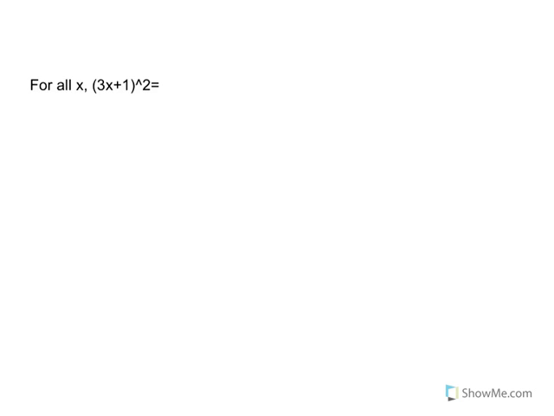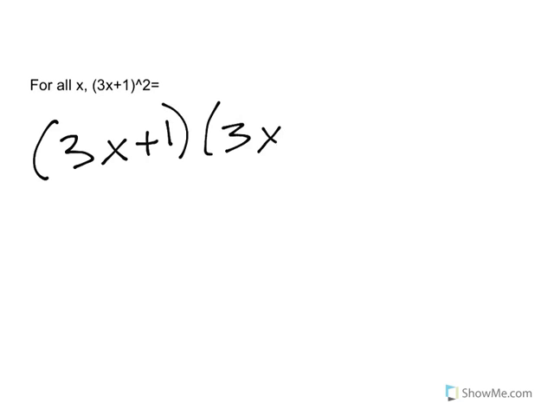The next problem that we are going to work on is: for all x, (3x + 1) squared. Well, (3x + 1) squared is the same thing as (3x + 1) times (3x + 1). We can use our FOIL property.